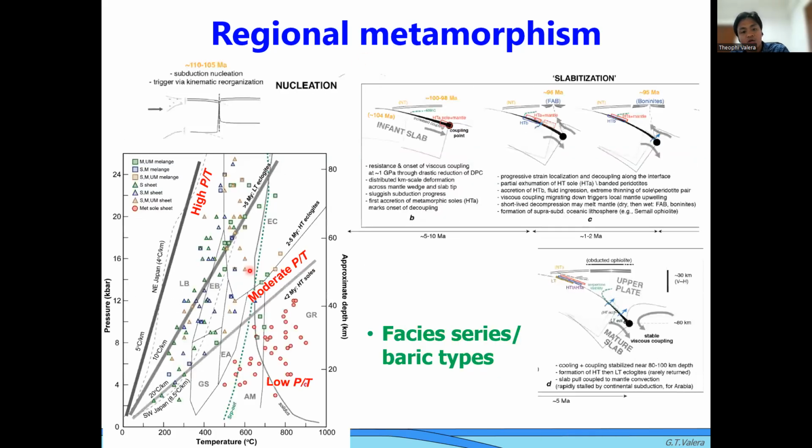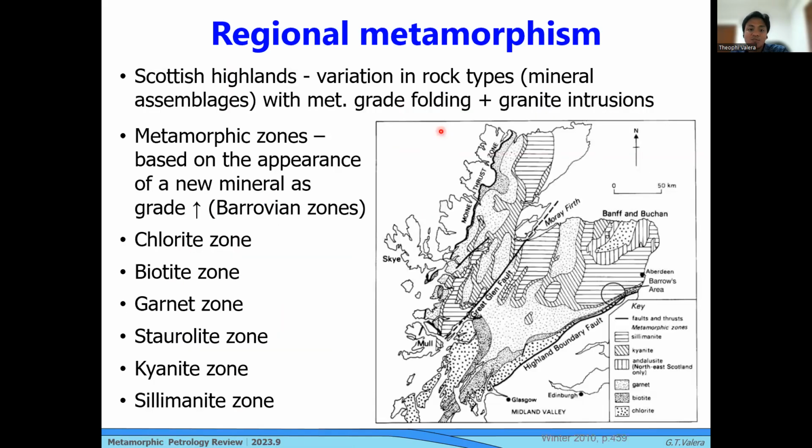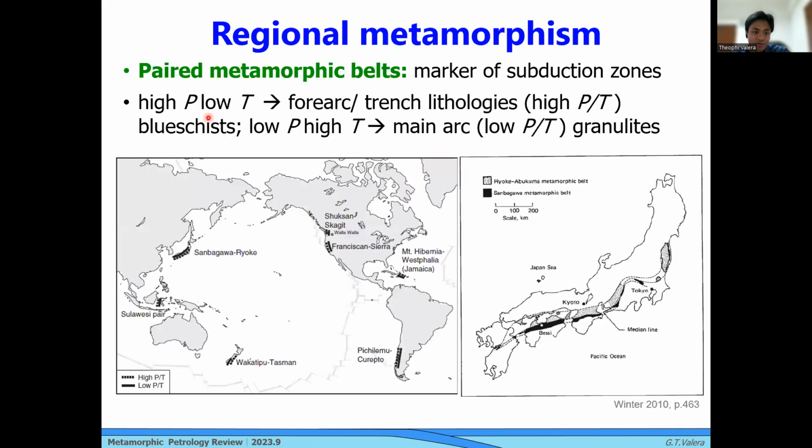Whereas yung itong blueschists, eclogites, o kaya sa case ng young subduction, yung metamorphic zone naman natin, they represent the subducting slab. So this pair is usually what we refer to as the paired metamorphic belts, which are markers of subduction zones. Again, the high P, low T represents the forearc or trench lithologies, while the low P, high T lithologies represent the main arc granulite.